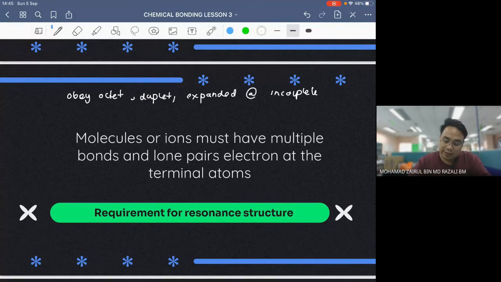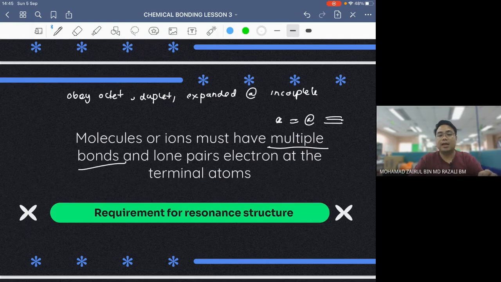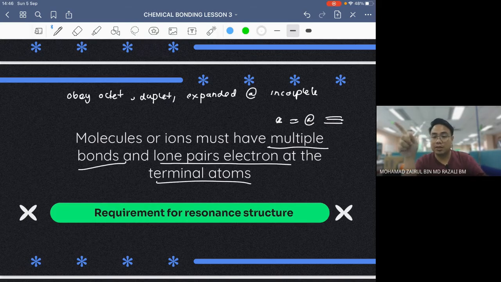Then the second requirement, the molecule or the ion, before awak lukis Lewis structure tu, must have at least one multiple bond. Multiple bond ni adalah double bond ataupun triple bond, dan at least one lone pair electron at the terminal atom. Sebab dalam resonance structure ni kita akan gerakkan bond dengan lone pair tu.